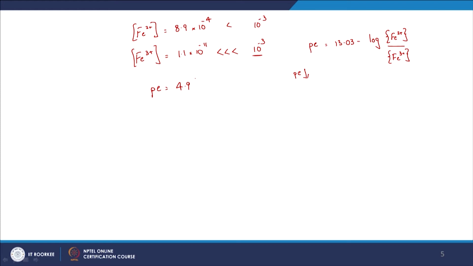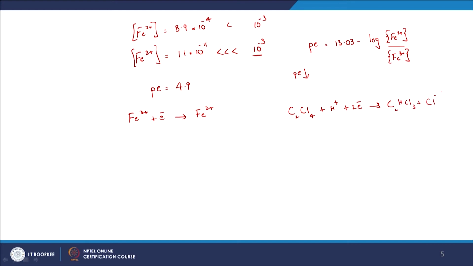Let's try to understand what this means. Again, keep in mind that we are looking at two half reactions: Fe3+ plus an electron, where one electron goes to Fe2+, or is reduced to Fe2+, and C2Cl4 plus H+ plus 2 electrons giving C2HCl3 plus Cl-.